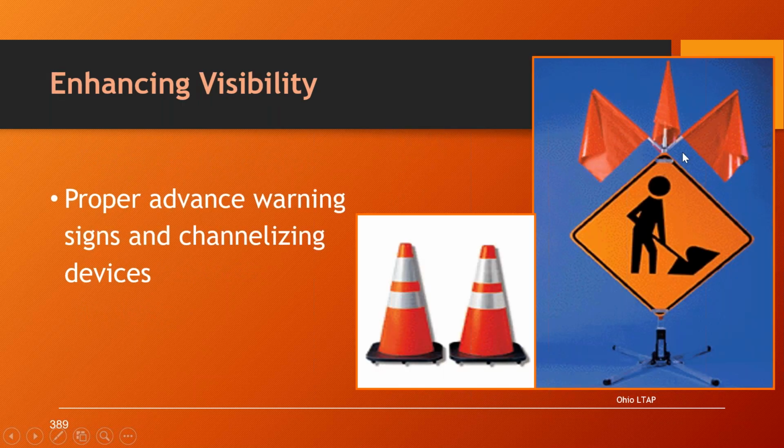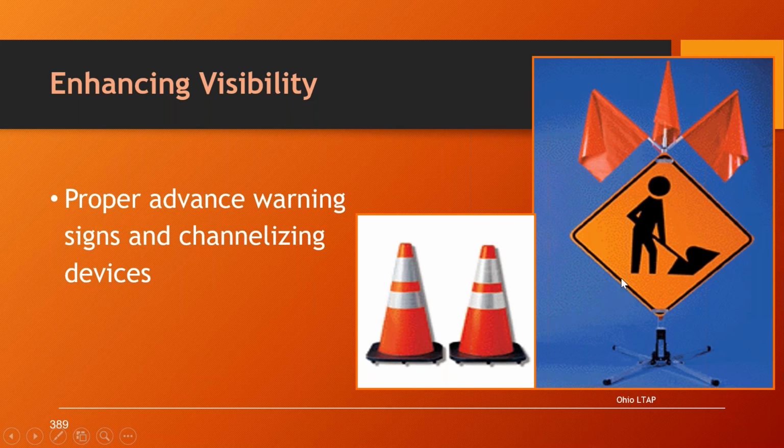And then we can enhance that. We can go above and beyond that by providing advance warning before they arrive at us. So we can put signs or cones down in advance of our mobile operation. Even if we're mowing, when it comes to mobile operations, your sign should be specific about what's going on. So you should put out signs that say mowing ahead on the side of a road to let people know that there's mowing ahead.